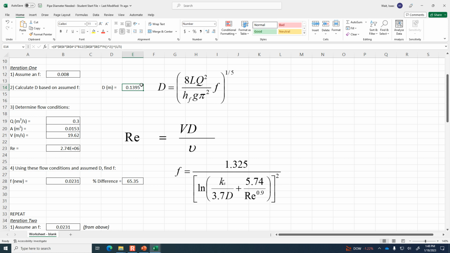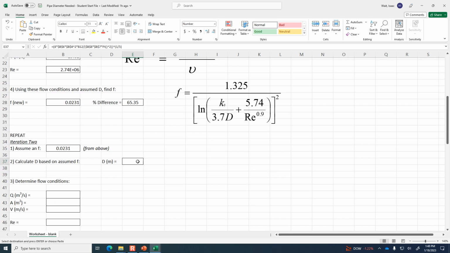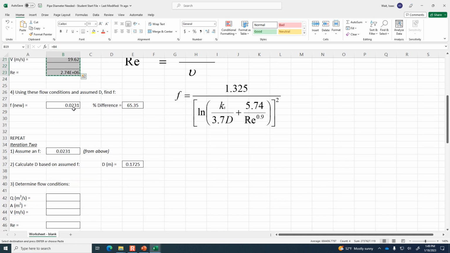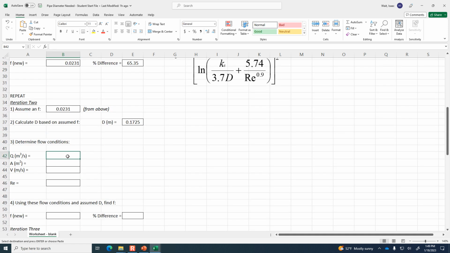So Control C, I'm not going to type the formula over again. I'm going to paste the formula. And I have this newly updated value of diameter. And then the same thing, I'm going to copy all of this, Control C. I'm going to paste it down here, Control V.